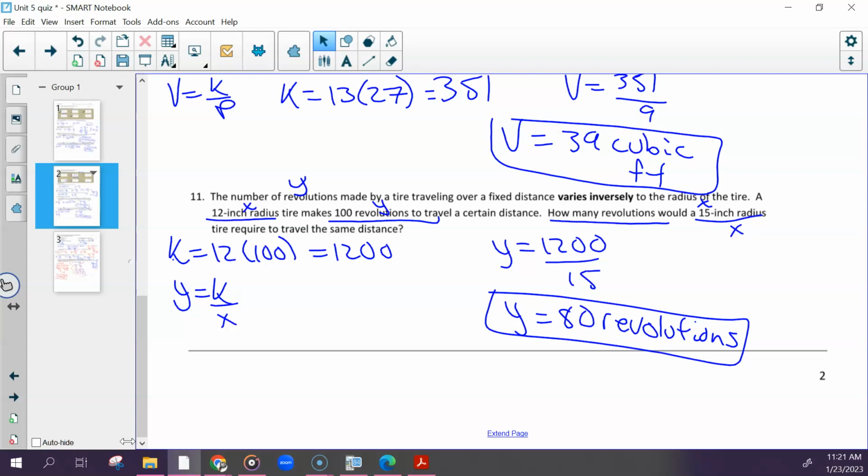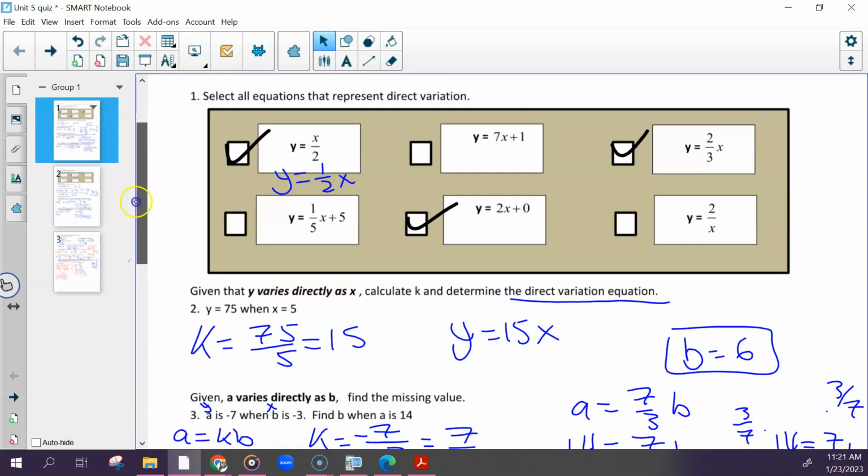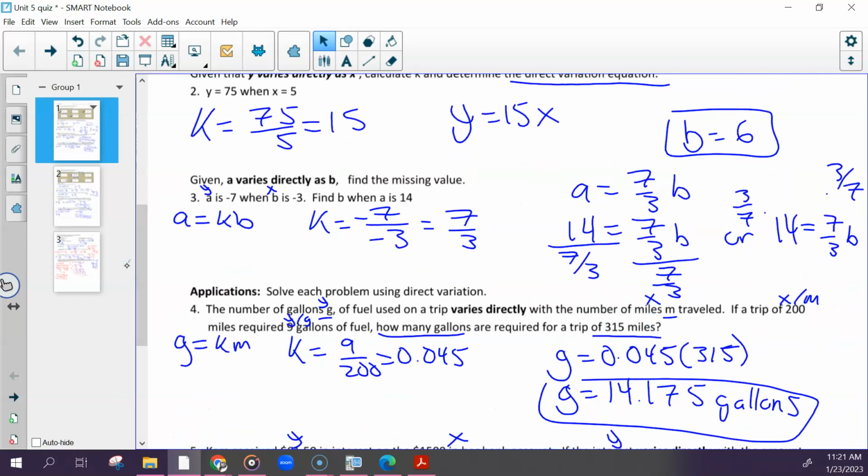Did you have a question about something in 11? And then number 3, what about it? So like if it repeats, you have to leave it as a fraction. Okay. Any other general specific questions?